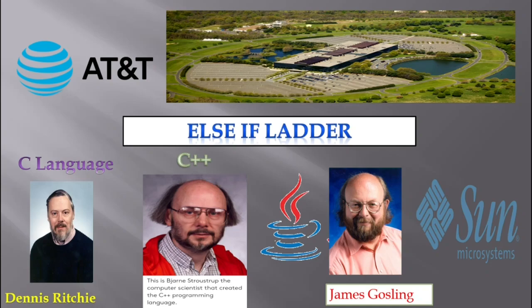Coming to the other one, there is a scholar called James Gosling at Stanford University Network, who observed plenty of drawbacks with C and C++. Based on that observation, he developed a new language called OAK initially, later renamed to Java, which was treated as an almost unbeatable programming language for nearly 2 decades.